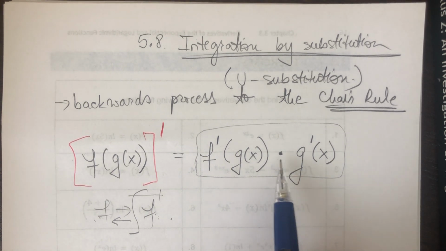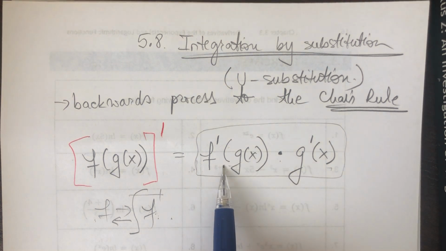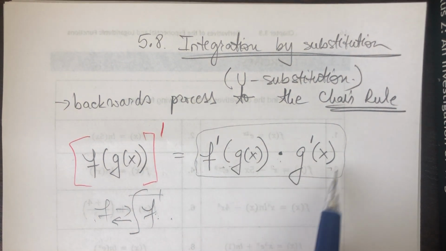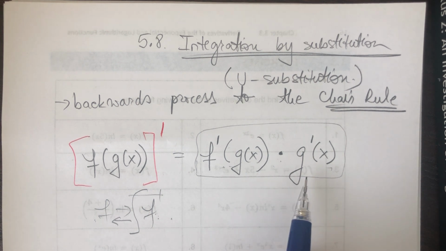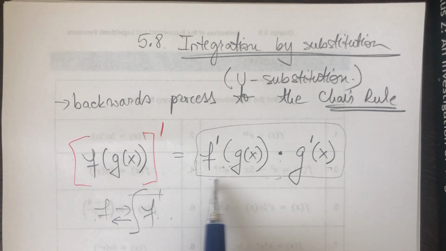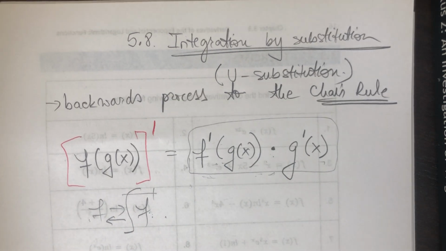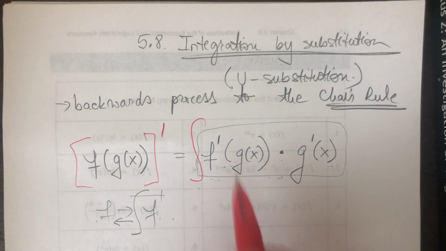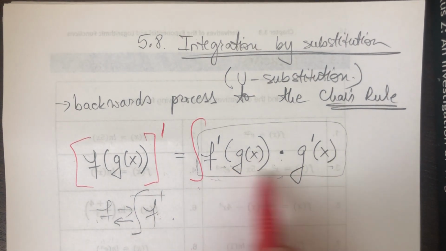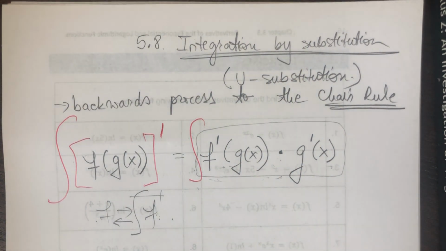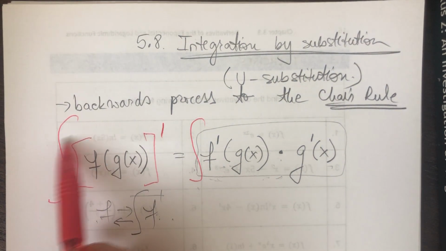The chain rule gives you the product between two functions, yes? The outside function at the inside function times the derivative of the inside function. So every time we're going to go backwards, we would have to see something like this. So taking the integral back, we're going to see the integral of something like this, yes? And then what are we going to come up with out of this?